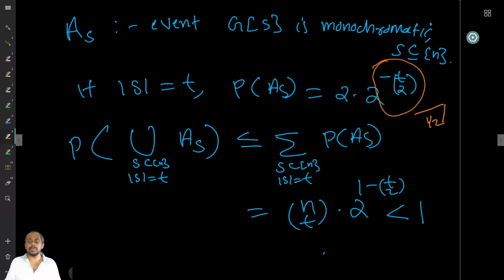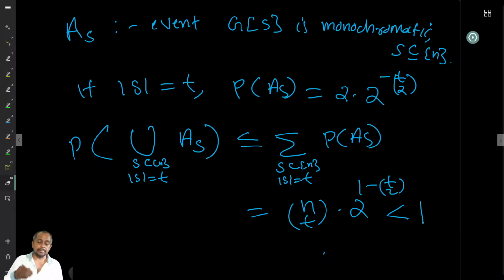And what is the probability of this happening? We said that we color each edge independently of the other edges. When I color the first edge, I toss a coin. For the second edge, I toss the coin again, without looking at what happened before. So it is independent. Therefore, the probability of each edge becoming red is half, and the probability of all t choose 2 edges becoming red is the product of these, which is precisely 2 raised to minus t choose 2.